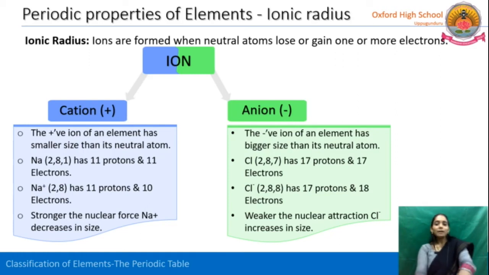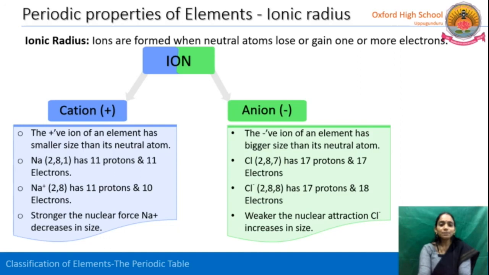So here what will happen? The number of protons remains the same, but the number of electrons increases. So there is not as strong a force of attraction from the nucleus towards the outermost shell. With weaker nuclear attraction, the chloride ion increases in size. This is the reason the negative ion of an element has bigger size than its neutral atom.